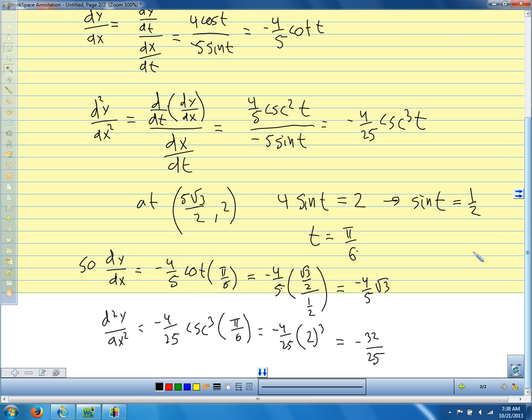And if you think about what an ellipse looks like, and just visualize the graph, it would make sense at t equals pi over 6 that our slope and our concavity is negative. We're on the upper half on the right-hand side of our ellipse. So concavity is going to be down and the slope is going to be negative.